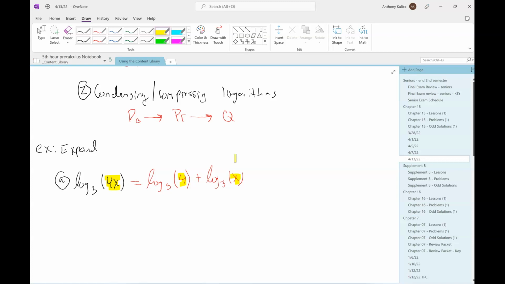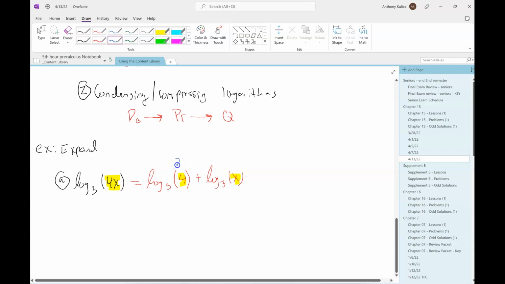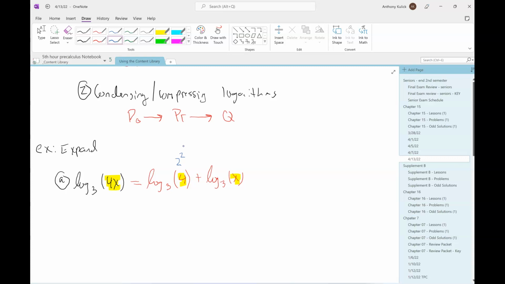Okay. Well, I've been tricky here because there is something more we can do. Notice the number 4. 4 is not prime, correct? So we could write 4 as either 2 times 2, or probably what I prefer is 2 squared. So there is a power property hiding there in the number 4.